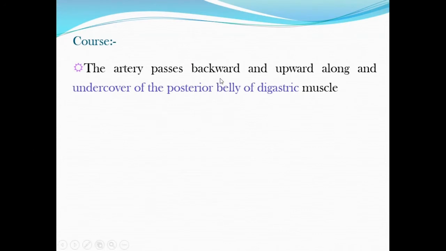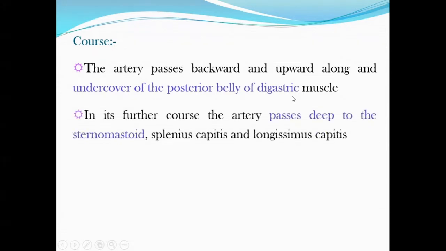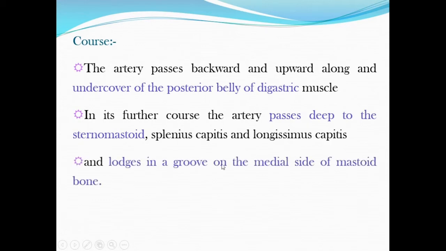The artery passes backward and upward along and under cover of the posterior belly of digastric muscle. In its further course, the artery passes deep to the sternomastoid, splenius capitis and longissimus capitis and lodges in a groove on the medial side of the mastoid bone. So it enters the posterior triangle.